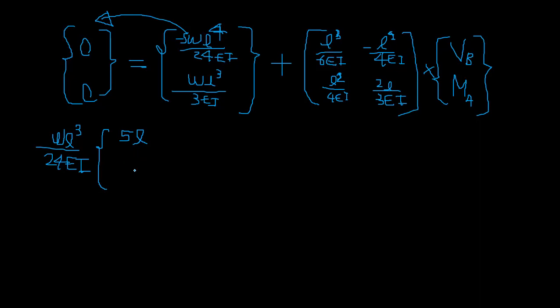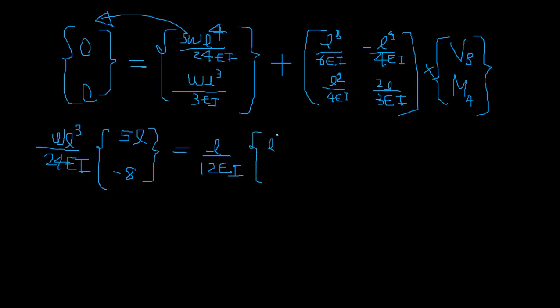So that becomes 8, minus. And what I'm doing is I take L over 12EI out, right?